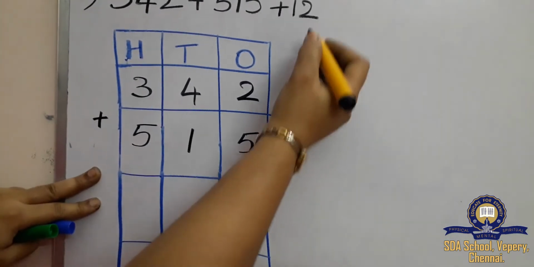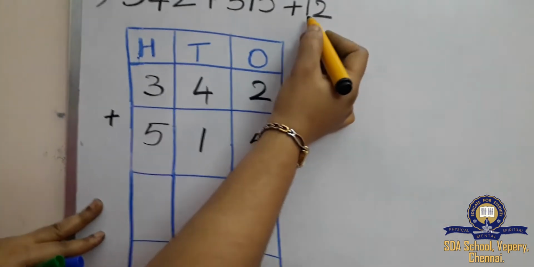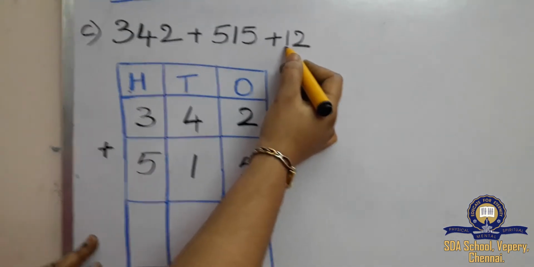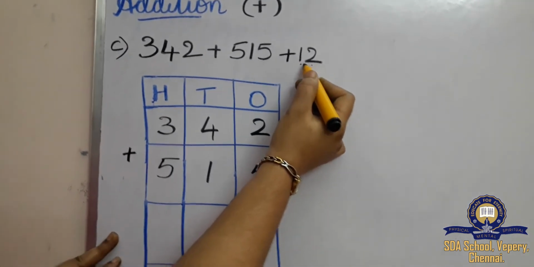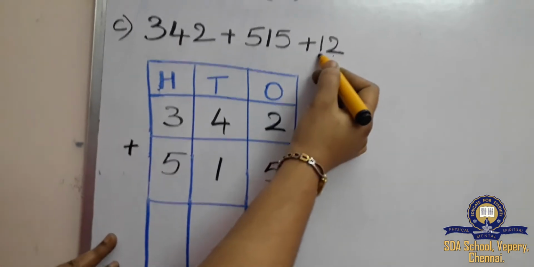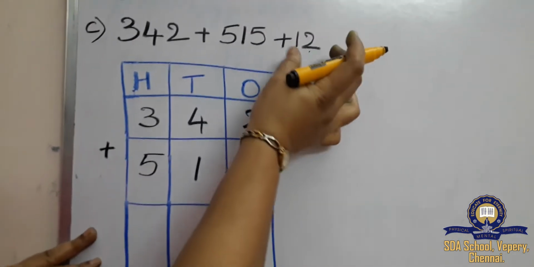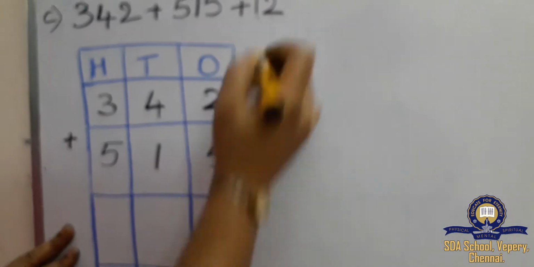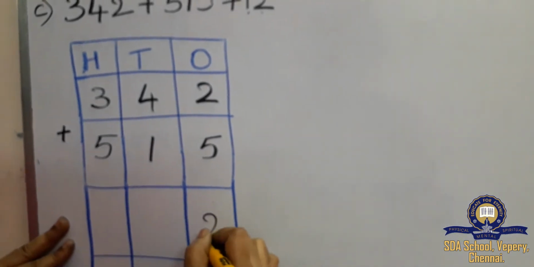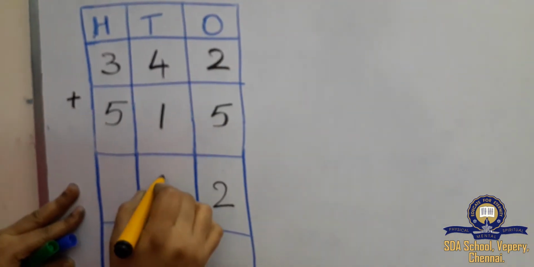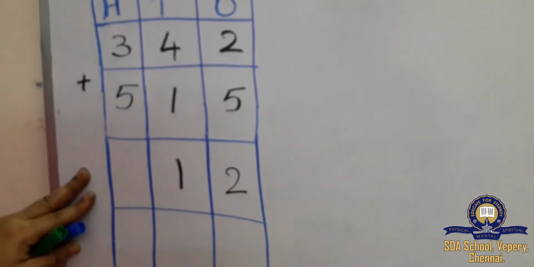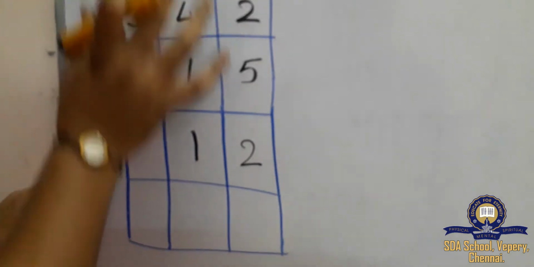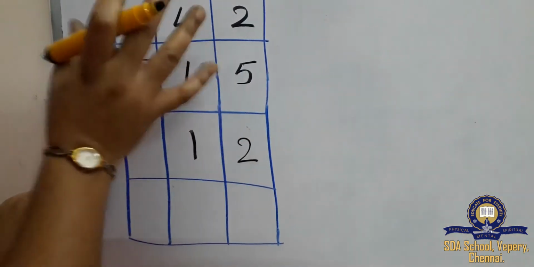And the next number, see here very carefully. Here we don't have hundreds, only tens and ones. So be careful with numbers like this. Now ones, 2, and in tens, 1. Like this you have to fill the boxes first.